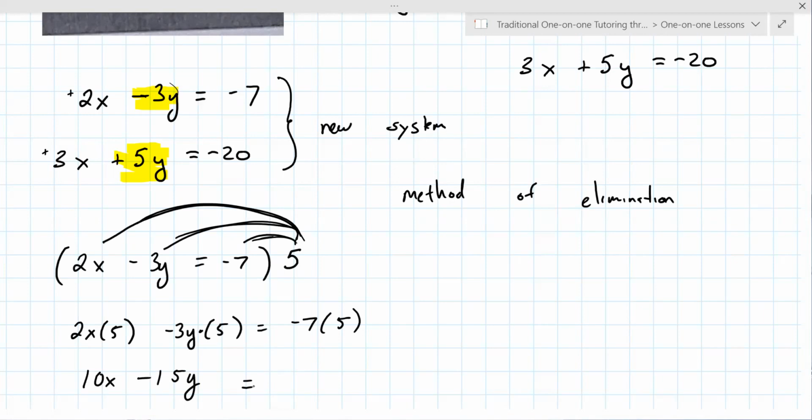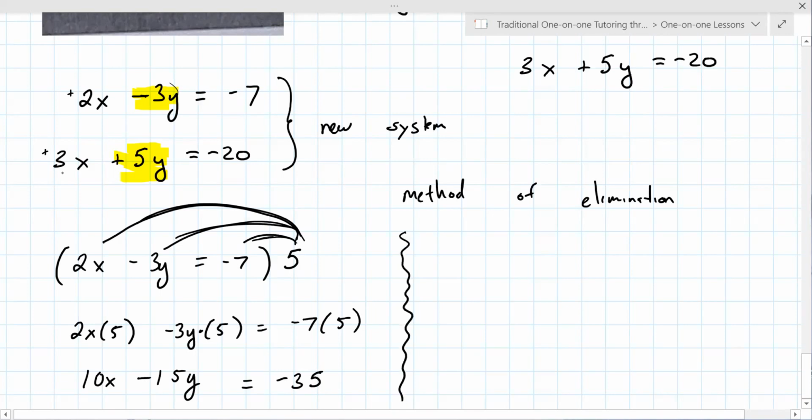It's 35. So minus 7 times 5 is minus 35, not 22.